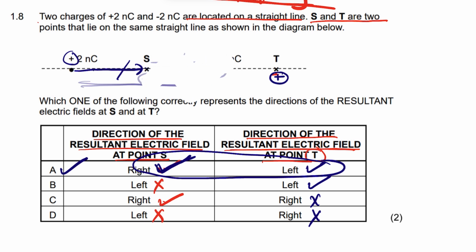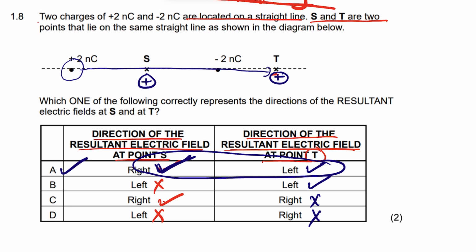Okay, let's remove that. Now let's look at T. This one is positive, so it's going to repel in that direction, and the negatively charged one is going to attract in that direction.